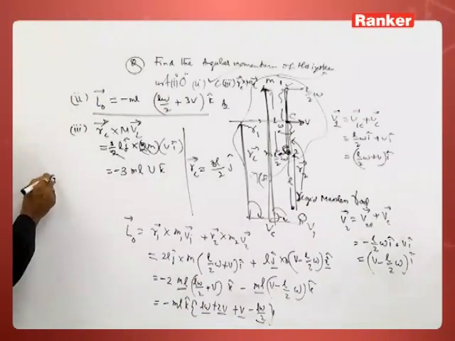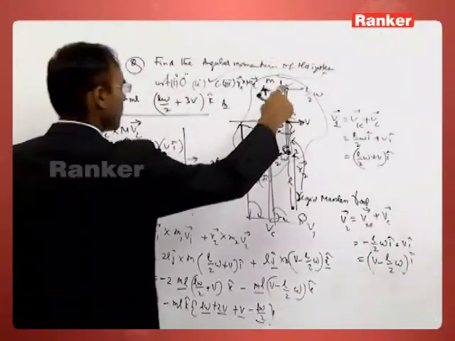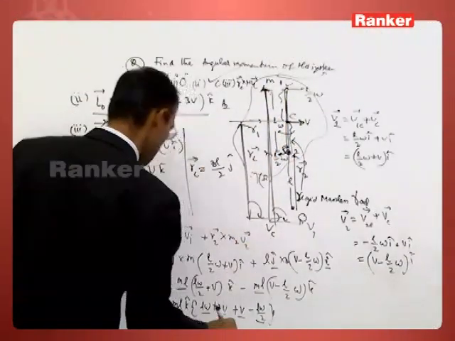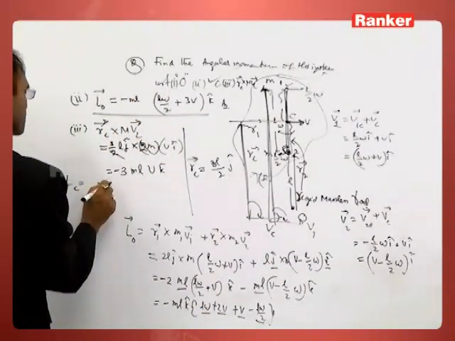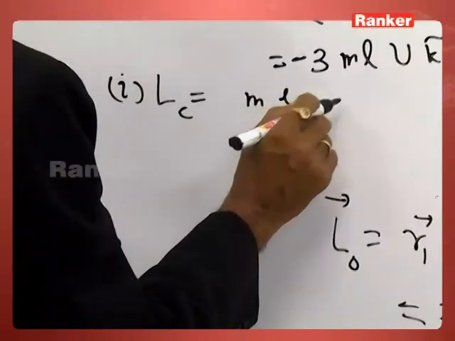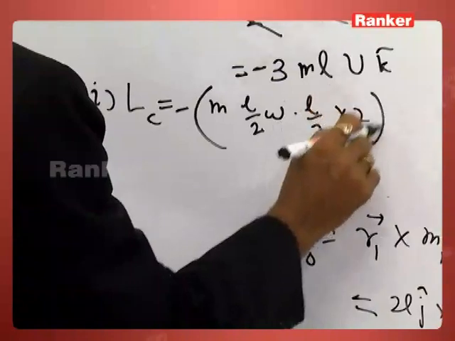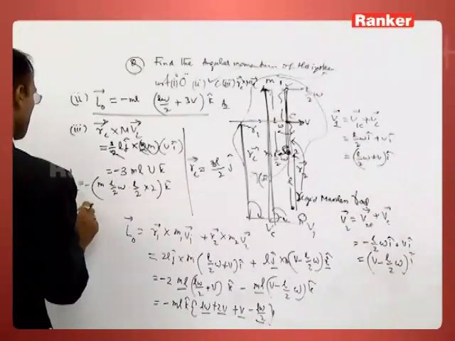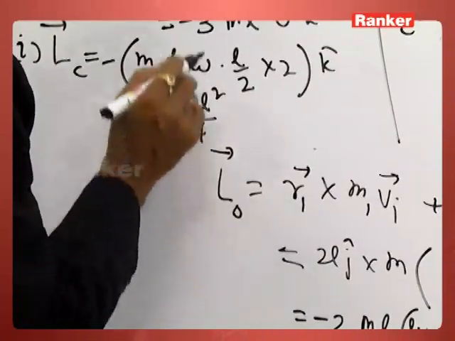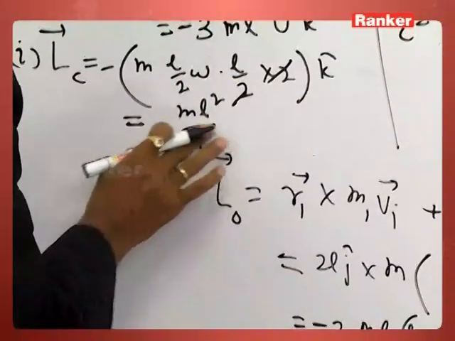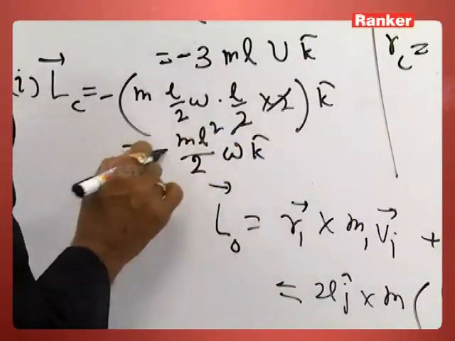You calculated LC, the angular momentum of the system with respect to the center of mass, as M L by 2 omega into L by 2 into 2 minus K cap, that is equal to ML square by 2 into omega minus K cap.